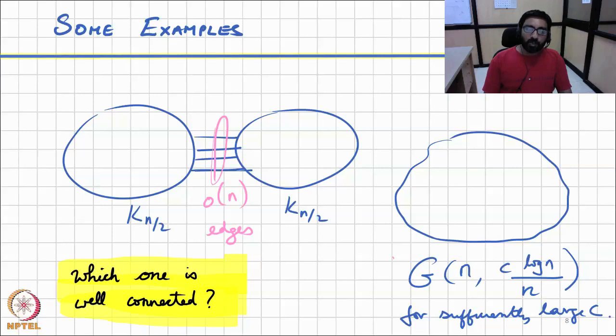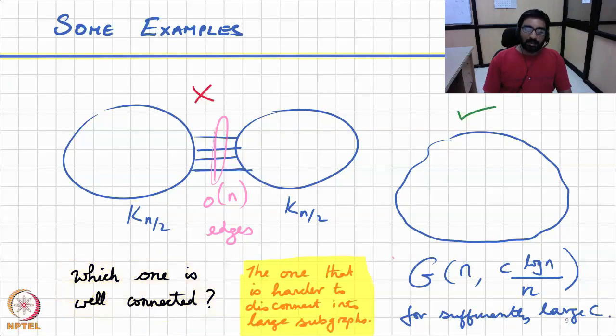Now the question is, which one of them is well connected? As it turns out, the answer is that this Erdős-Renyi graph is the well connected graph, whereas the other graph with two complete subgraphs connected by some O of n or little o of n edges is not very well connected. The reason for this is the following.